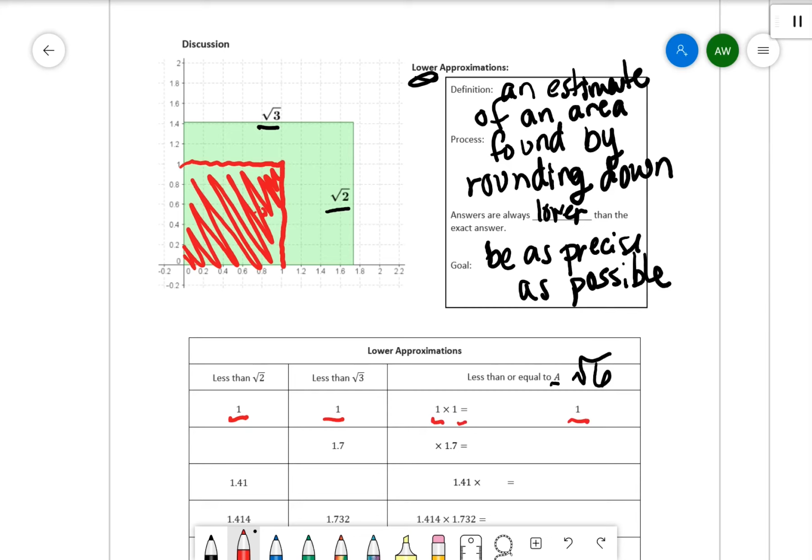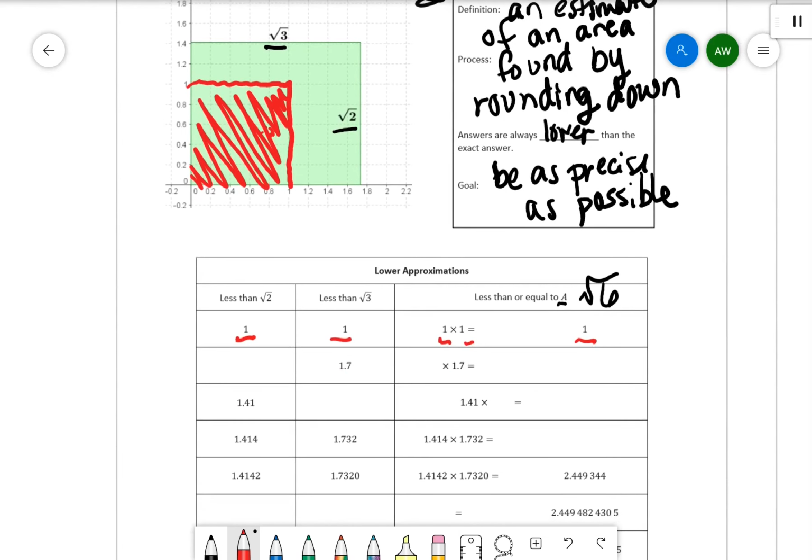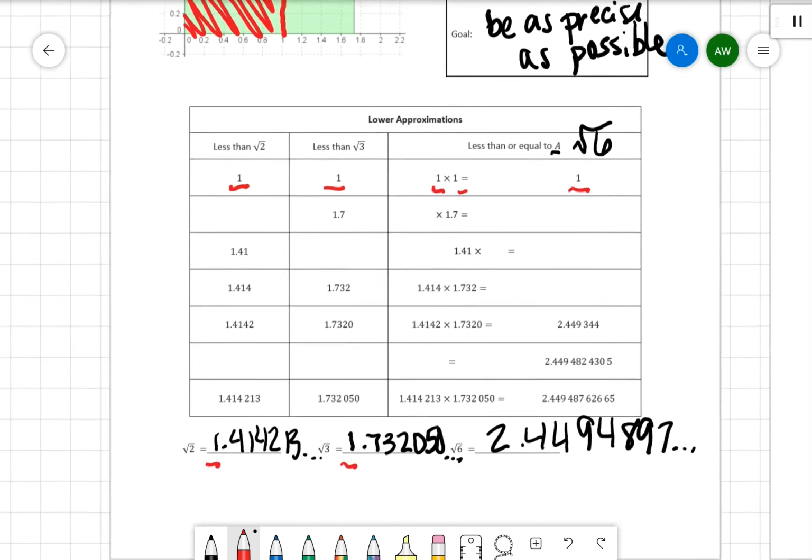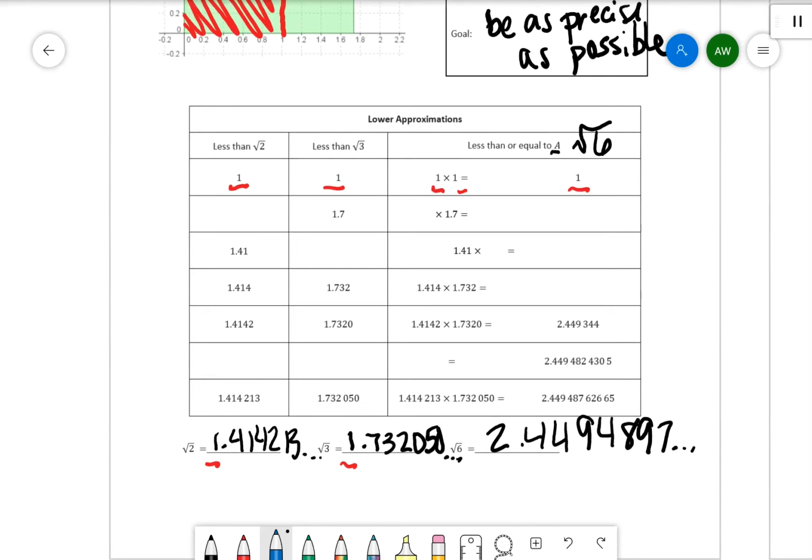So instead, we're going to do a little bit of a better approximation and try with 2 digits instead, to see if we can get closer to the actual area that we're trying to find. We're going to take our first 2 digits, 1.4 and 1.7.